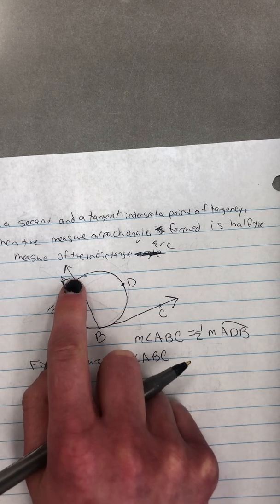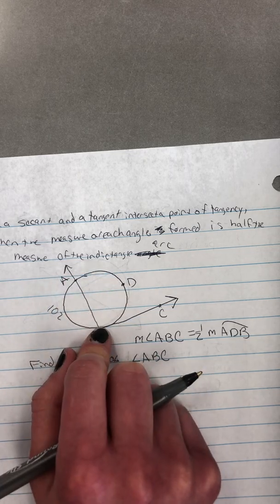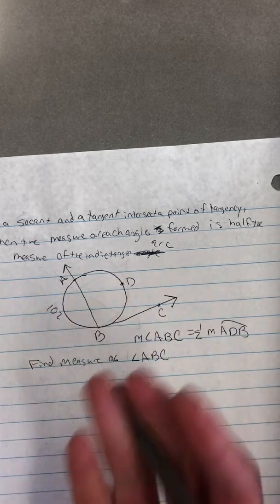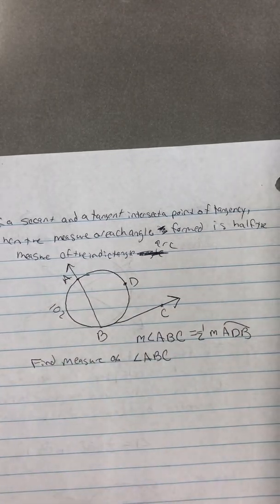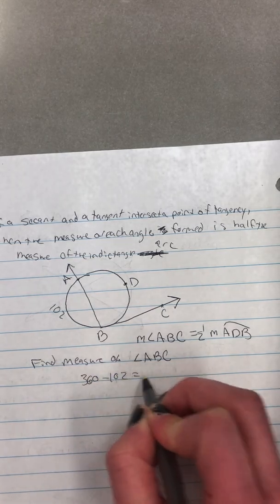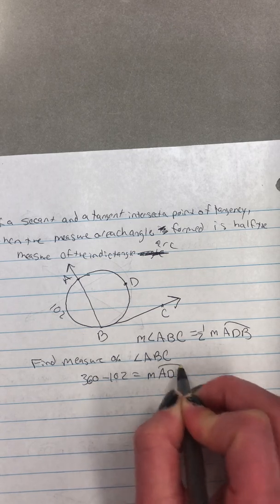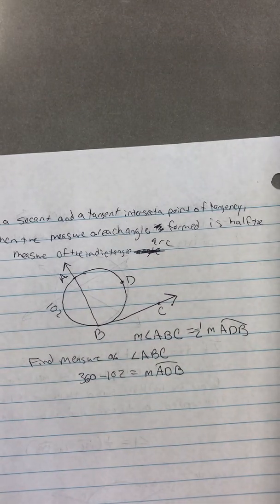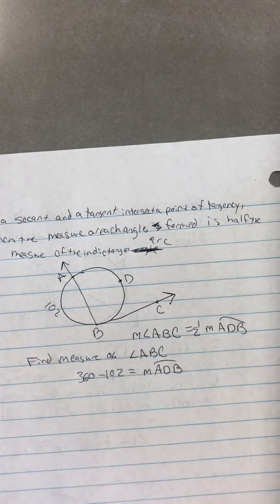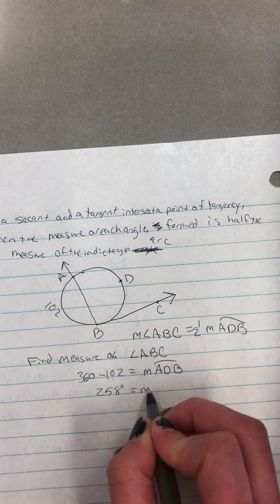We need to find the measure of the arc ADB. We'll start there. Well, we know the whole circle is 360 degrees. So we're going to set up 360 minus 102 to equal the measure of ADB. 360 minus 102 is going to be 258 degrees.